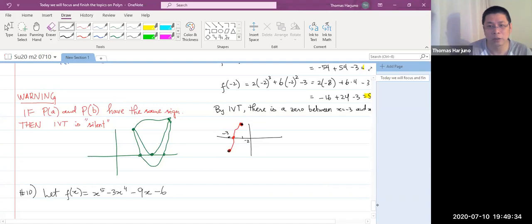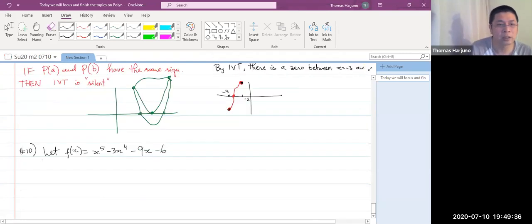And the question is, does f(x) have any zero between x equals 3 and x equals 4, between these two numbers?